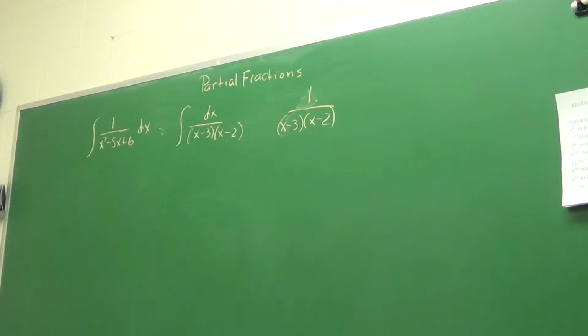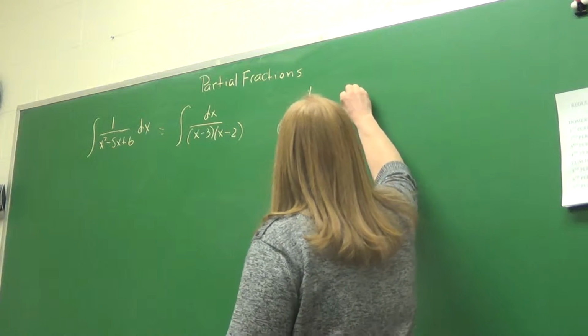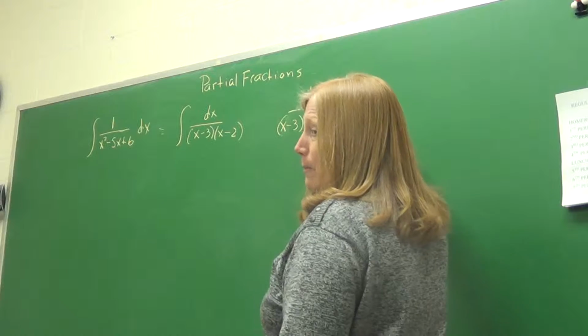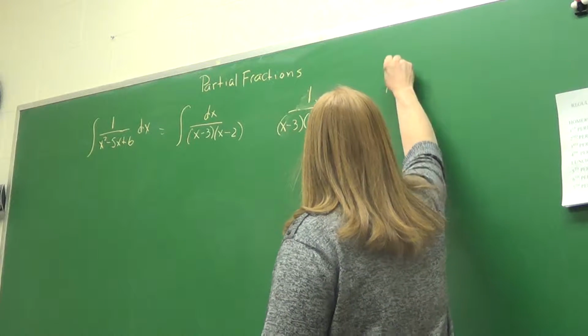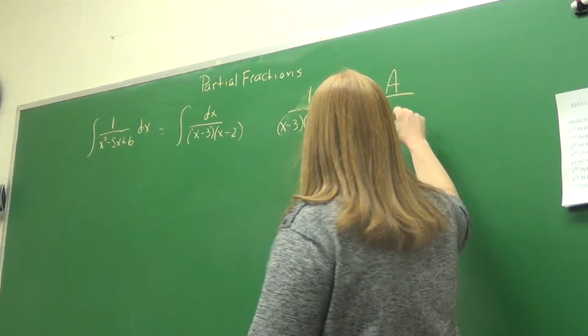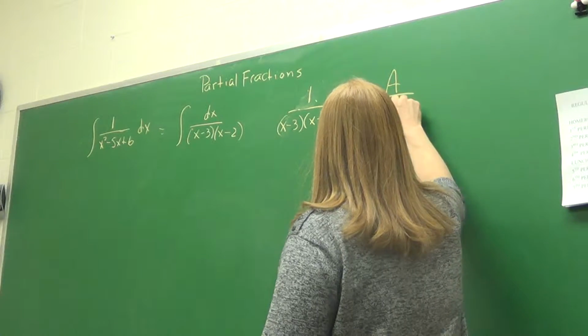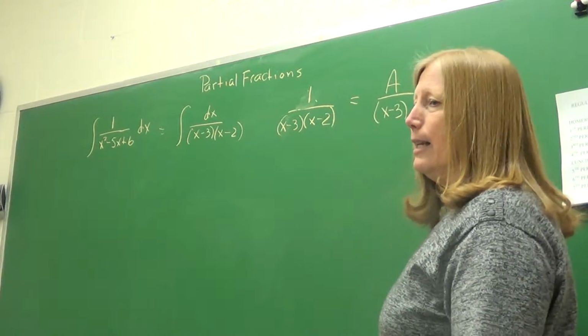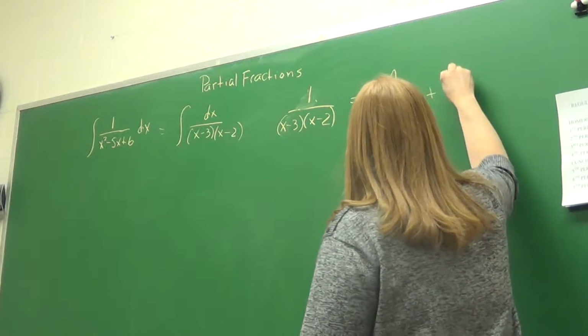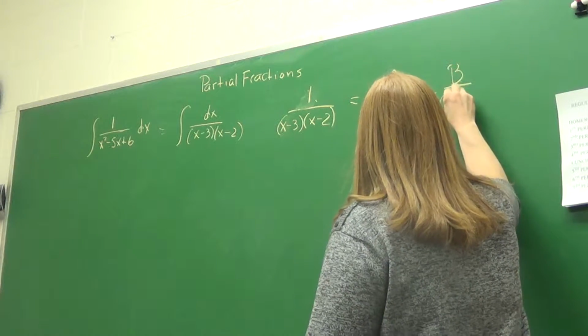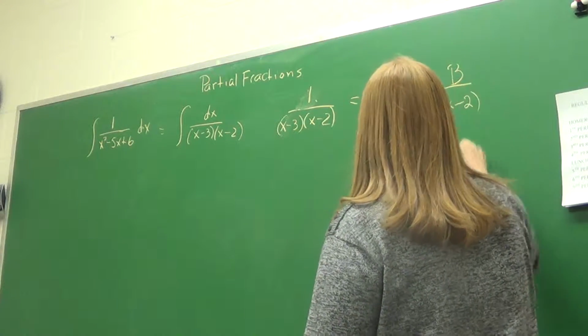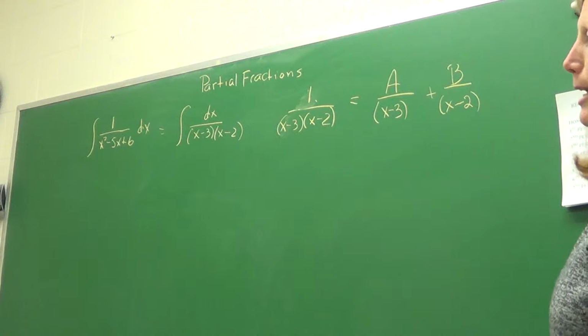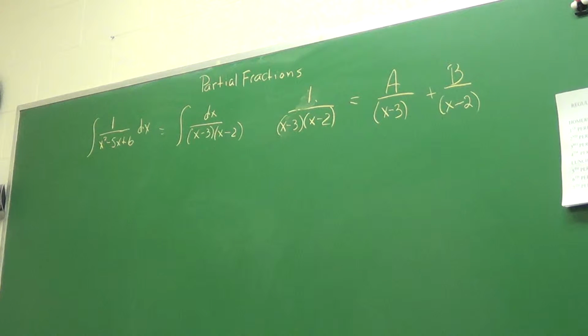So to decompose a fraction, you are going to write it in a new form. The form looks like this. A, which you're going to solve for in a minute with good old algebra, over the first factor in the denominator, plus B over the next factor, and that'll continue if there are more factors in the denominator, with a C and a D and so on.